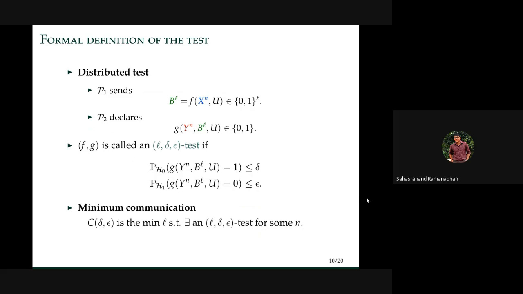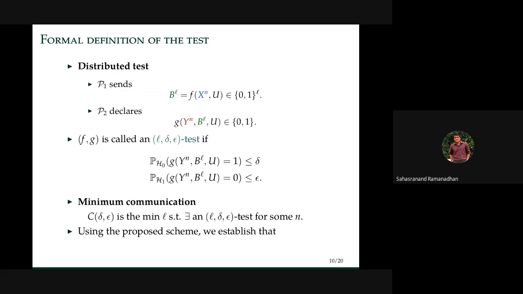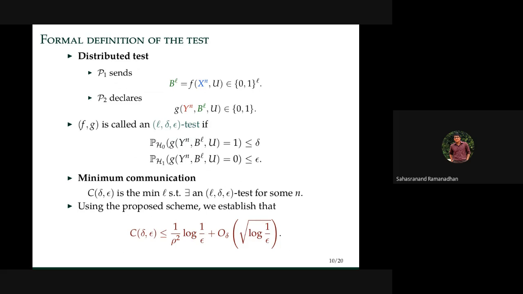Some n means the parties are allowed to collect as many samples as they want, but we want to characterize the minimum communication incurred to apply this test. So using the proposed scheme, the scheme that we just saw, we can establish that the communication required is 1 by rho square log 1 over epsilon plus this extra term. So this captures the communication incurred in terms of epsilon.